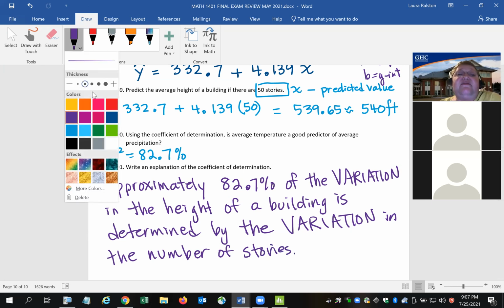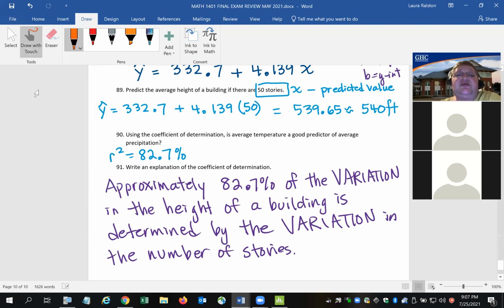Now, pieces of that change. This 82.7% is going to change from problem to problem. That's your R squared value. Height of the building, this first variable, is always the Y, and the second variable is always the X. All the other words remain the same.